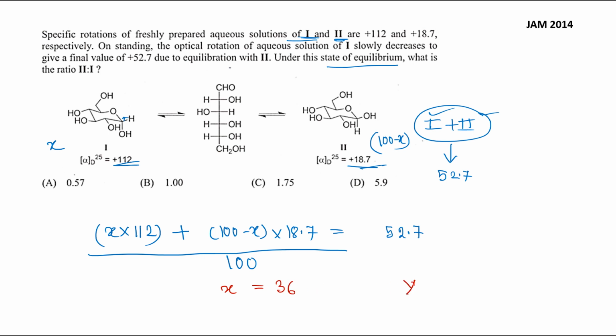So for 2, it should be 100 minus x, 100 minus 36, so it will be 63. So ultimately what we are getting, this is 36 for 1, and this is 63 for 2. So we have to find the ratio of 2 divided by 1, and that should be 63 divided by 36, which will give you 1.75. So this should be the correct answer.